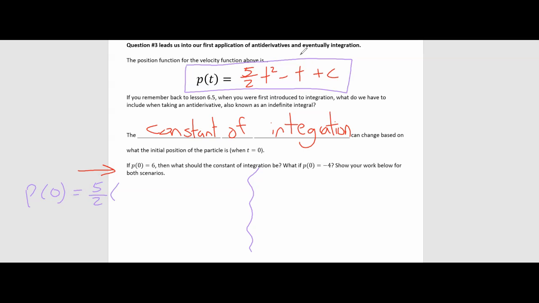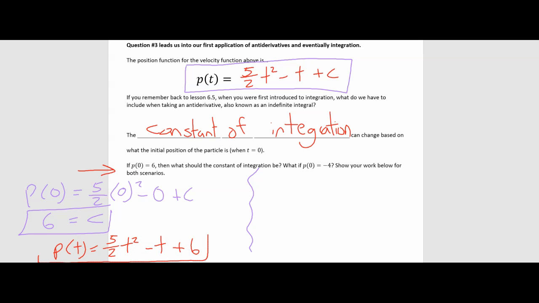I know this is going to seem rather trivial, but I am just writing out the work so we understand what's going on. Just substituting in 0 for t. And I was told that p of 0 is equal to 6, so I can set it equal to 6, and I get 6 is equal to c. So in this case, my position function would be p of t is equal to 5/2 t squared minus t plus 6. So if they gave us that initial condition, we could figure out the specific position function.